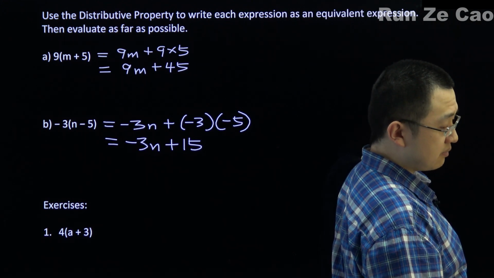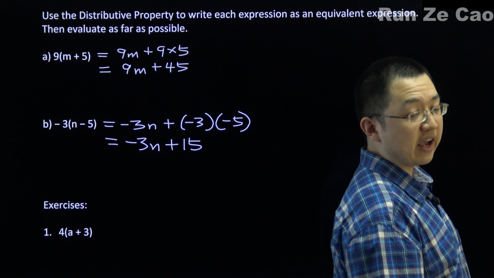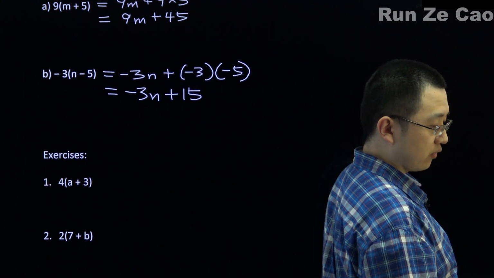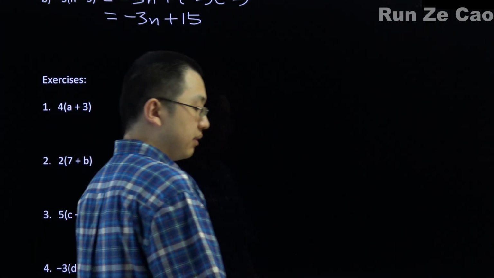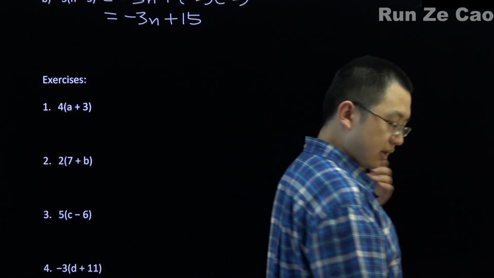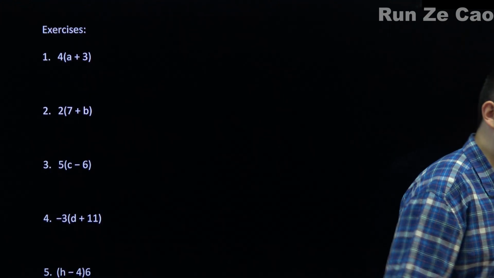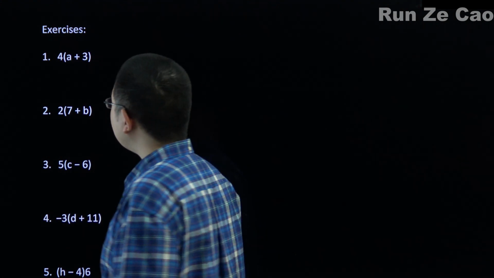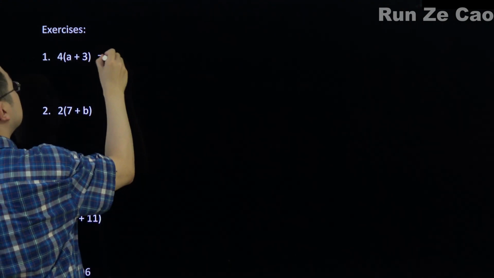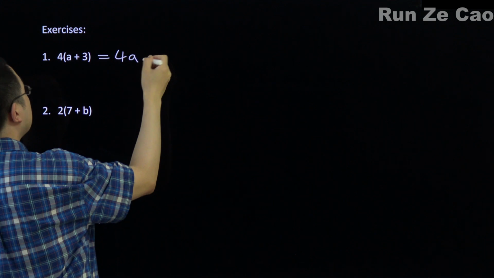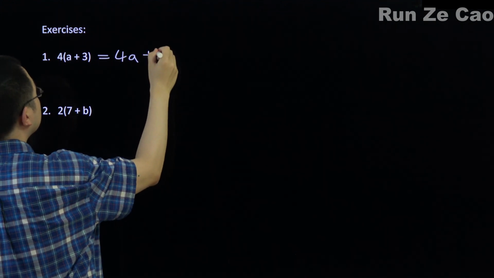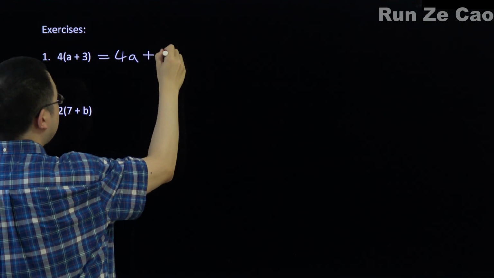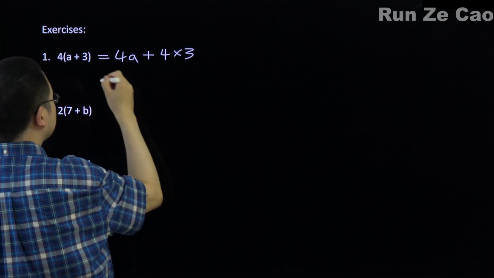This is basically the reverse of factoring. Like if you factor out something, you end up with something like this. Whereas before, you had, say, 4a plus 12. Okay, for our purposes right now, we should probably show how this works.